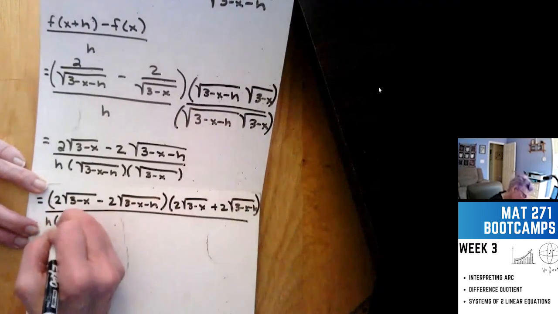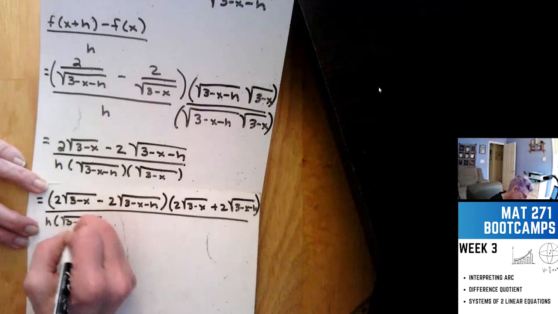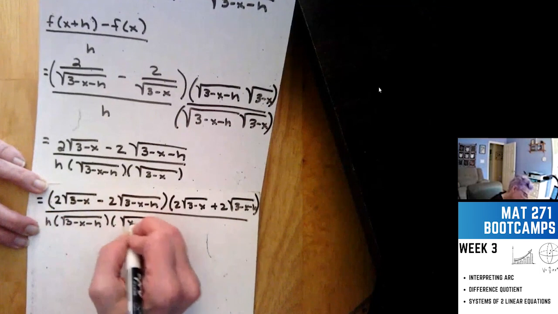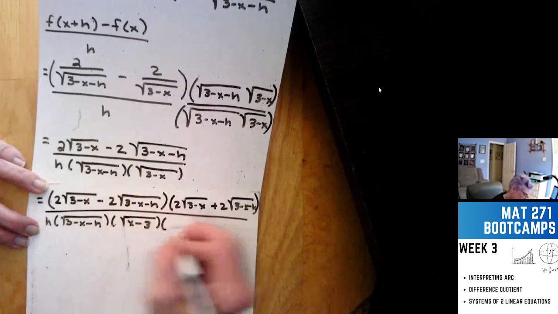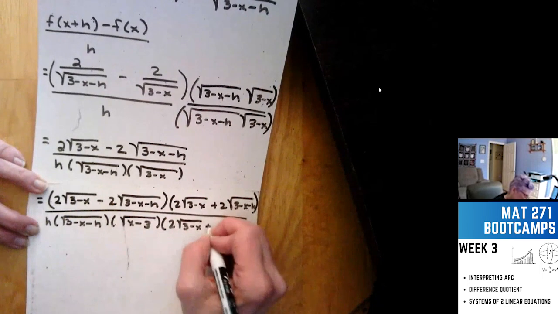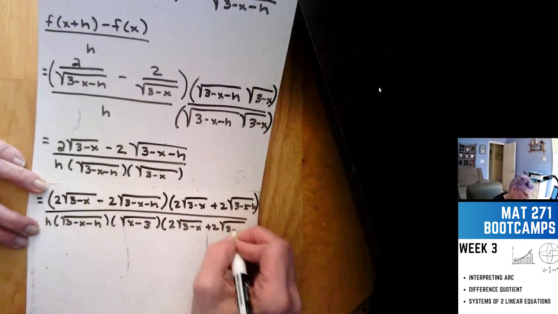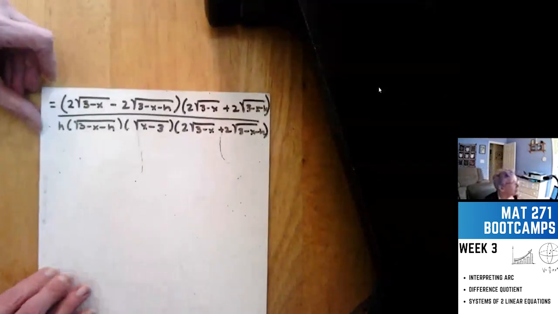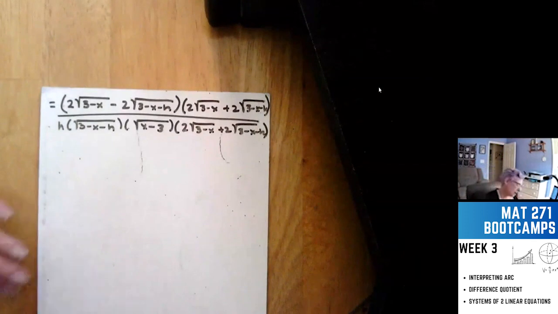And that's over this least common denominator. So you're going to end up with the least common denominator and the conjugate down here. Conjugate works just like it always does.